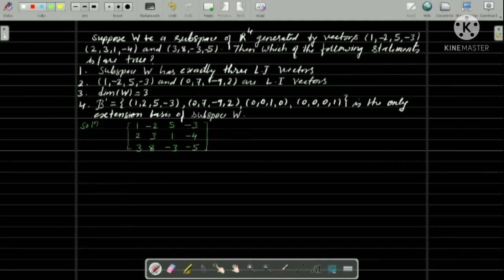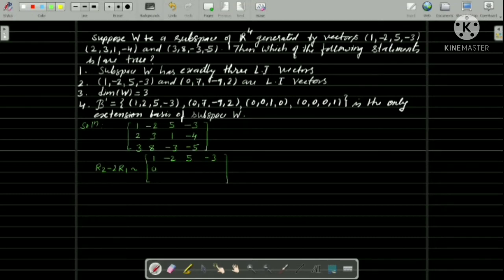So first we operate R2 minus 2 times R1. We write first row as it is, 1, -2, 5, -3. Now R2 minus 2 times R1. Multiplying R1 by minus 2, we get -2, 4, -10, 6.